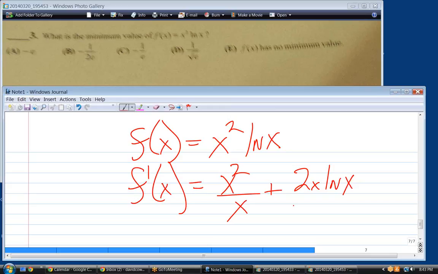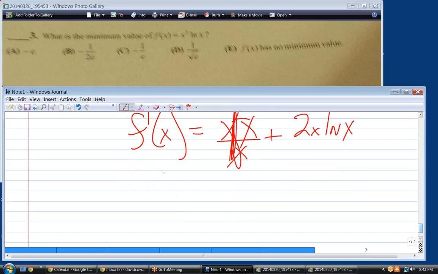Okay, and then we set that equal to 0. Well, first of all, let's simplify it. That's just x. So we're solving this.